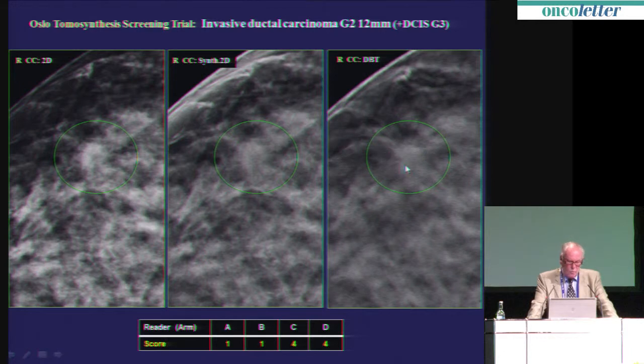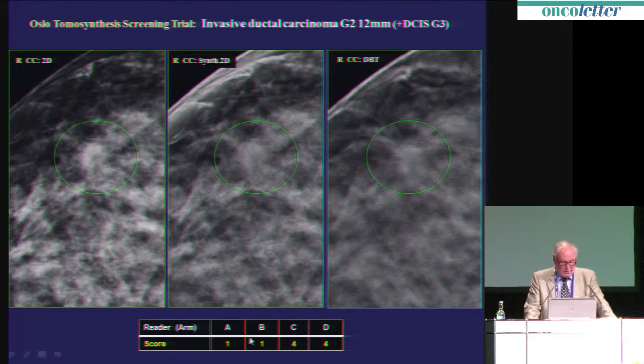When you know the tomo finding, you may suggest that perhaps it is visible on the synthetic 2D, but it is definitely not visible on the conventional 2D. It is a non-specific density in that area, but you cannot make a cancer diagnosis out of it.